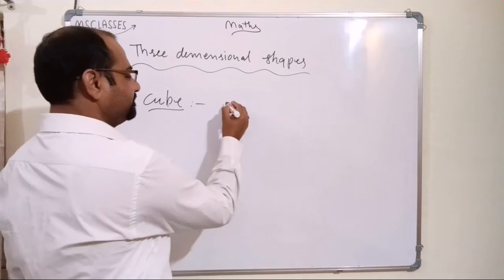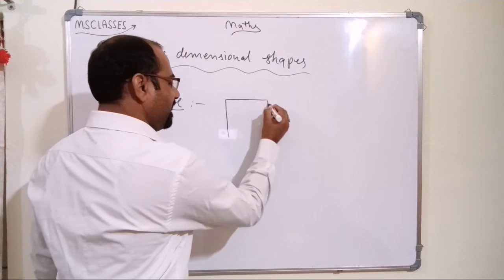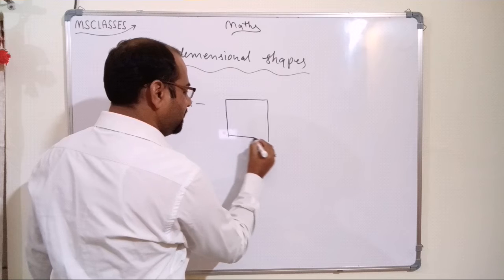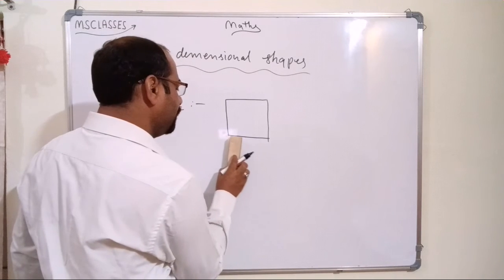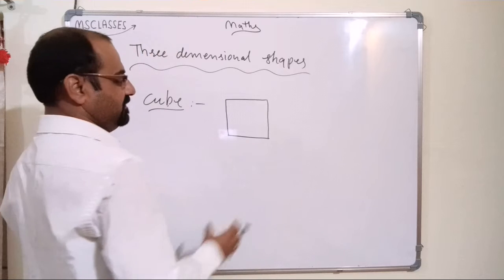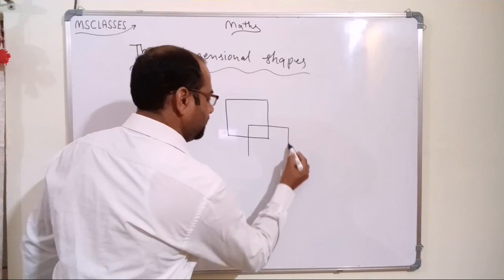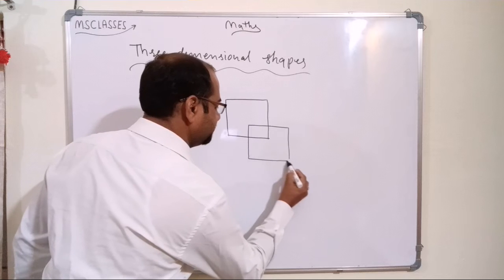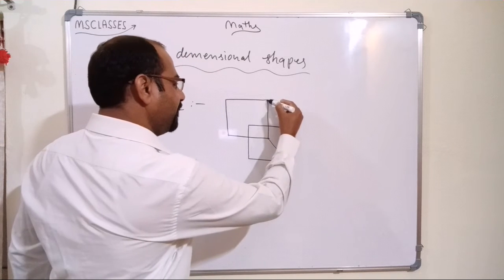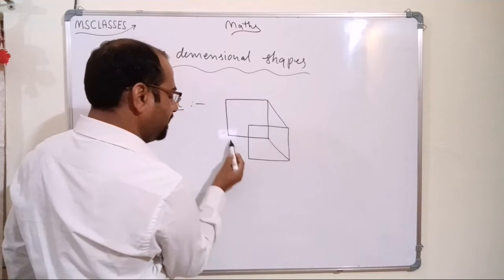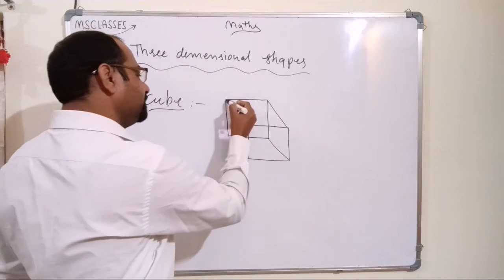So a cube is made when, if we have a square, we make a cube from this square, and this is another square. After joining the vertices of the squares, we get a cube.